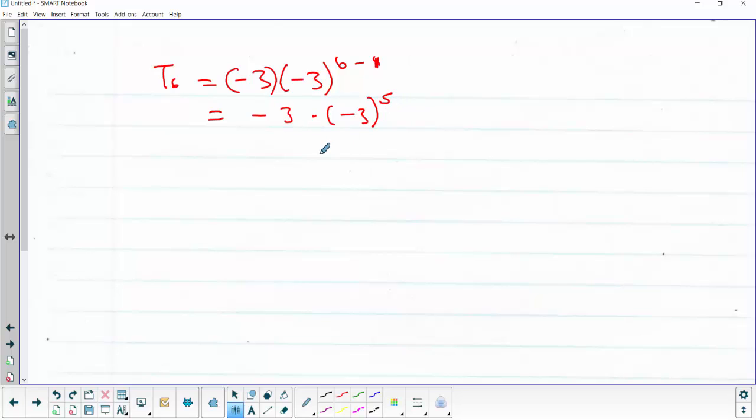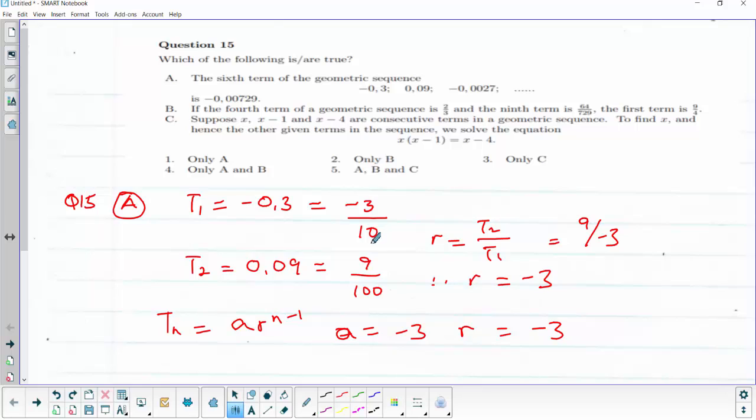And minus 3 raised to power 5 is going to give us minus 243. So we are going to have minus 3 multiplied by minus 243. When we multiply this out, we get 729. So this is going to be our numerator. We need to consider our denominator as well. The first thing we have here is 10, followed by 100, and the T6 is going to carry 6 zeros.